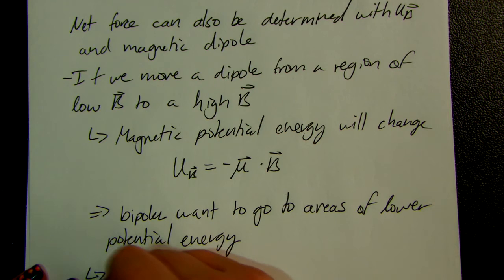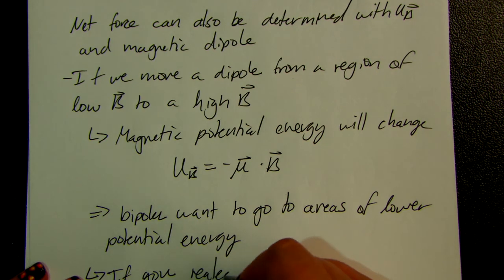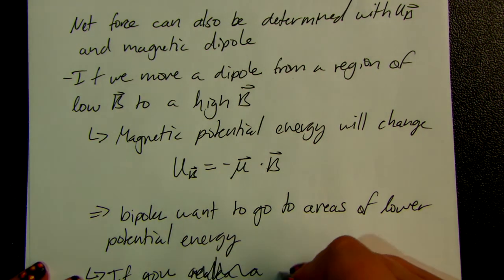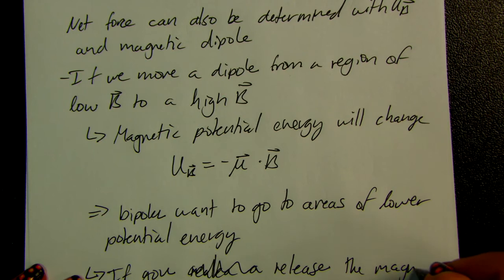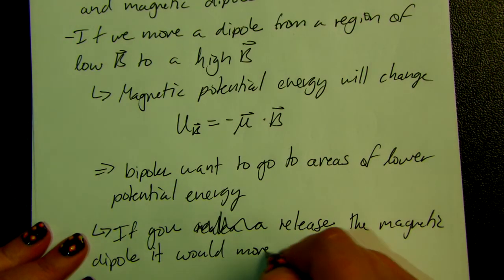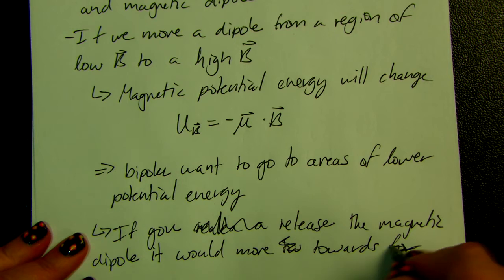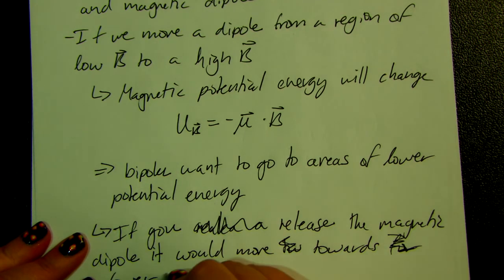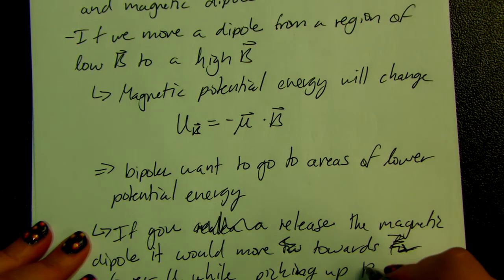So if you release the magnetic dipole, it would move towards lower U while picking up kinetic energy.